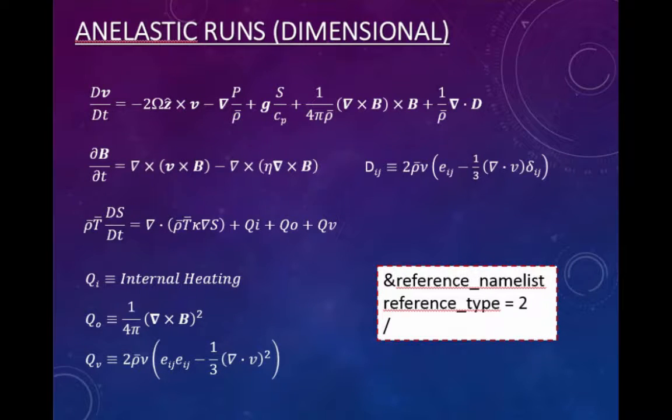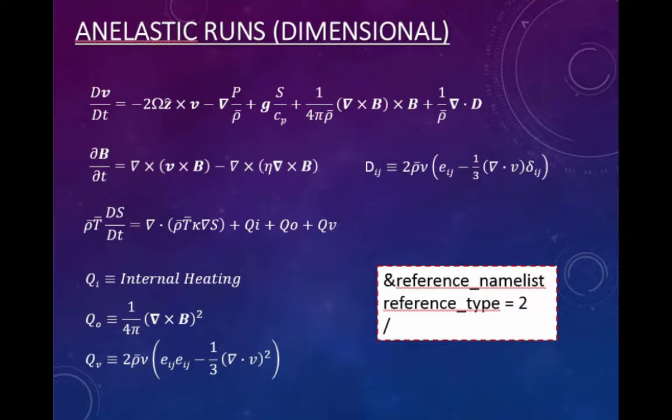Here we work in the Lantz-Braginsky-Roberts approximation. In essence, you assume that your reference state is adiabatic. That allows you to write your pressure and gravity terms this way. That's why you have this grad P over rho bar, where rho bar is the reference state quantity.